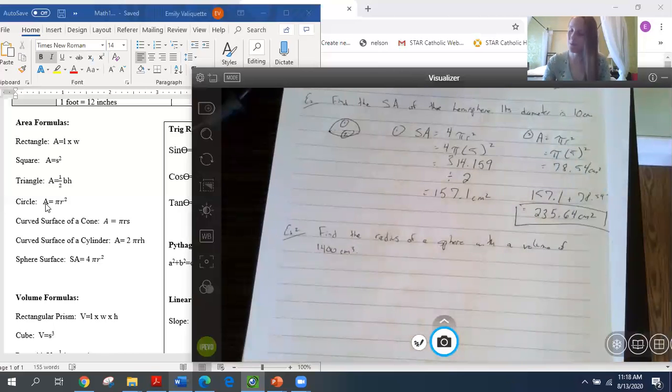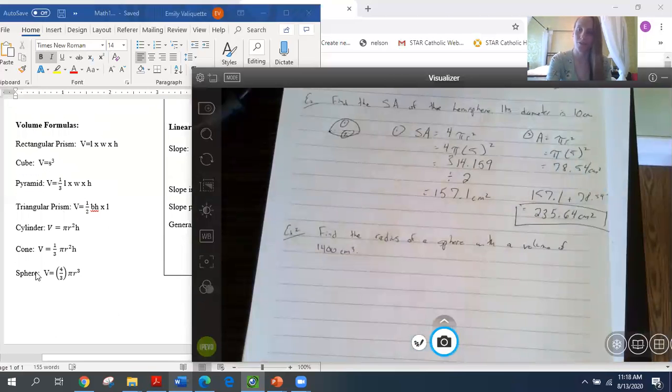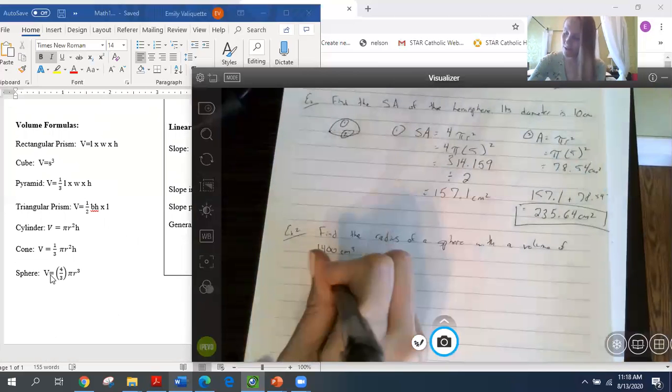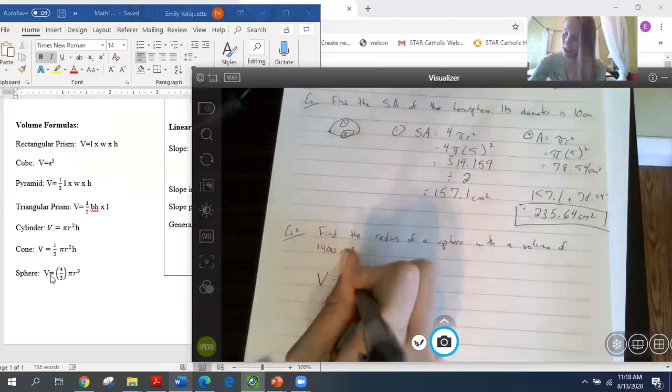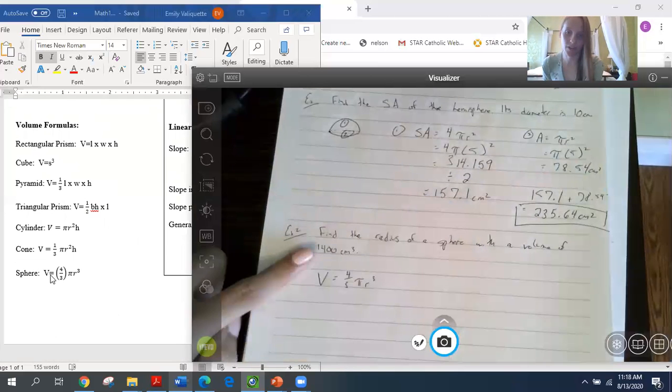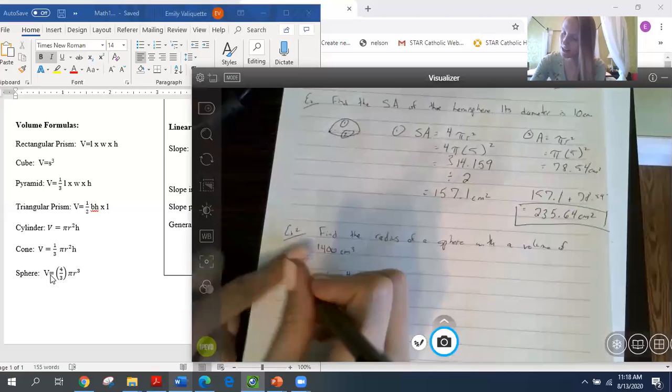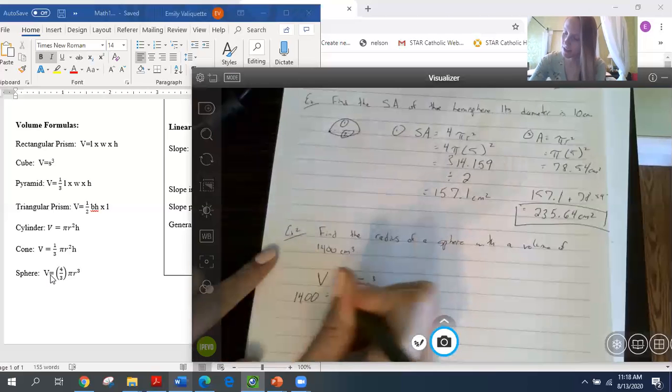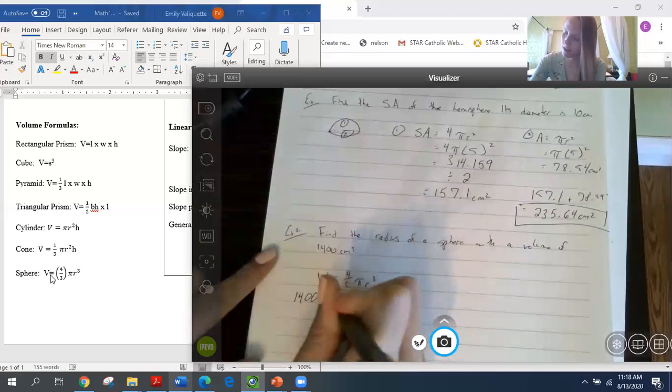Okay, for the second example, it says find the radius of a sphere with a volume of 1400 centimeters cubed. So this time we're going to go down to our volume formula for our sphere. So volume is 4/3 pi r cubed. And now we're going to plug in our volume of 1400. Oops, cubed.